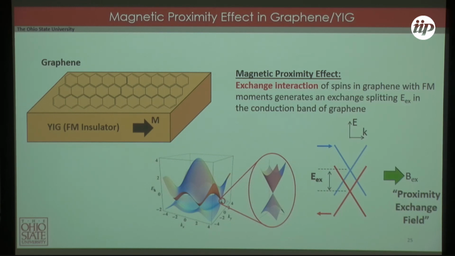So that term looks like a magnetic field, right? And then you have a magnetic field energy S dot B, and that's like a Zeeman splitting. So in the end, it looks like a Zeeman splitting. Yeah, sure. Okay, good.